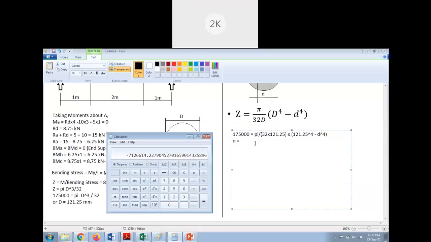Just a minute, I'm just trying it on my calculator. 32 into 121.25. So 34.59. Hey, how can there be so much mistake?